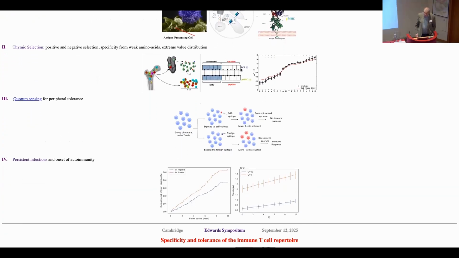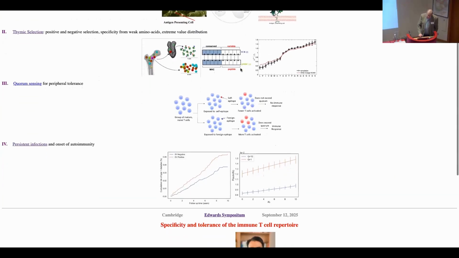And one way that the autoreactive T cell receptors are eliminated is through the process of thymic selection, where negative selection eliminates those that are binding strongly.